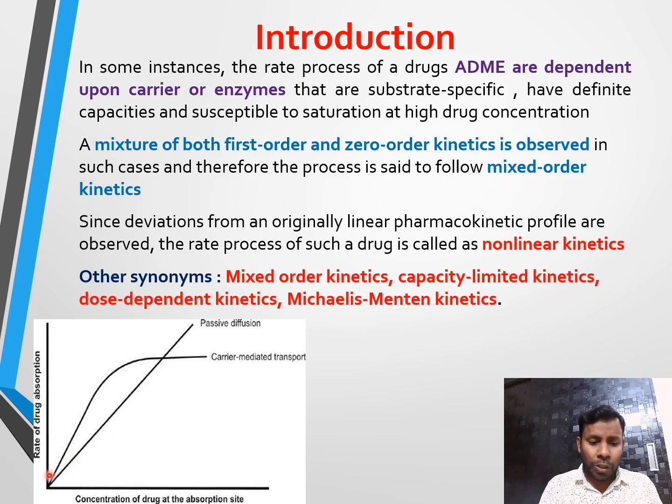Initially the rate will increase up to a point, till the carriers are saturated. So passive diffusion is linear, but in carrier mediated transport, first it is linear, then followed by a constant rate. So this is linear kinetics, this is non-linear kinetics.